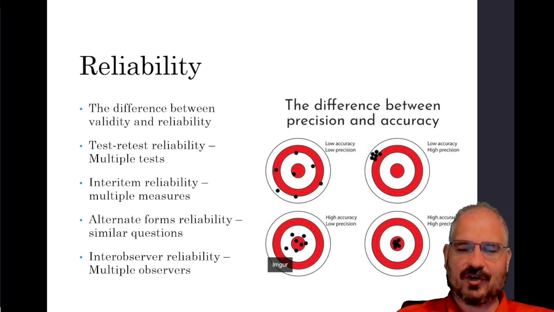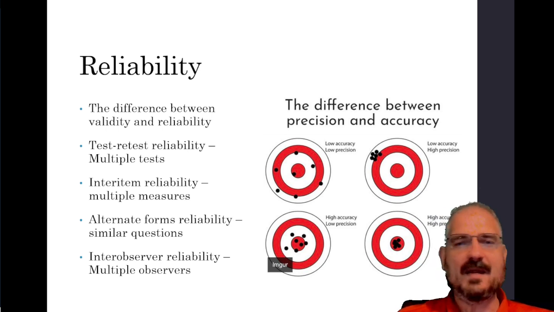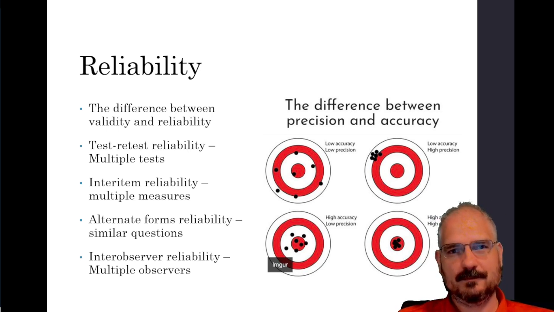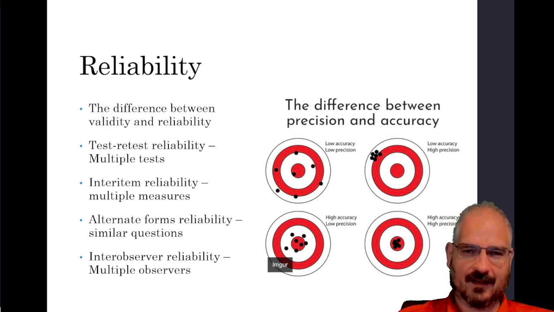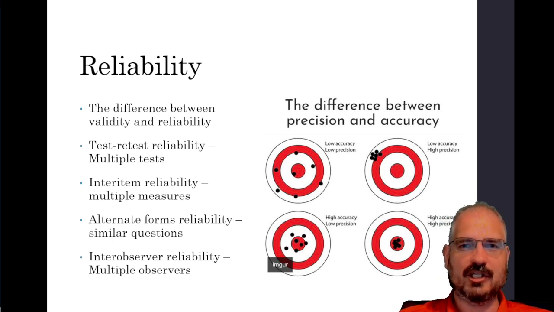And then finally, there's inter-observer reliability. So if I show a whole big group of people a cartoon, Donald Duck and Bugs Bunny, and I say, okay, guys, I want you to count how many instances of violent action you see in this 3-minute cartoon.